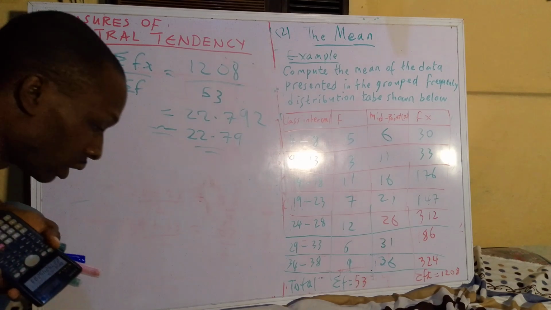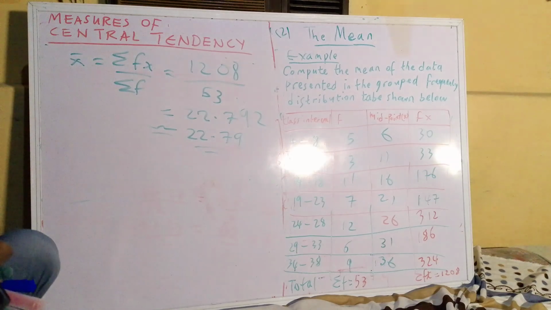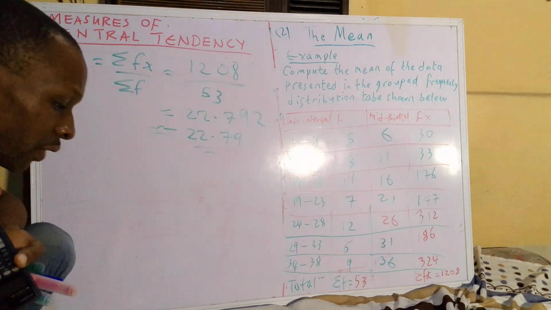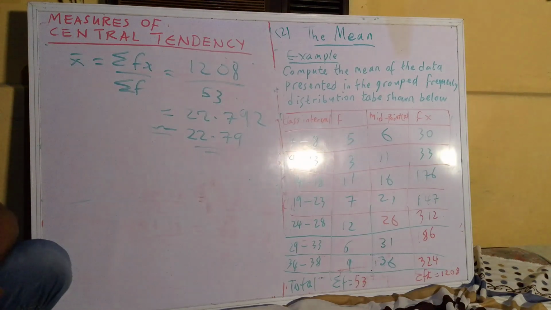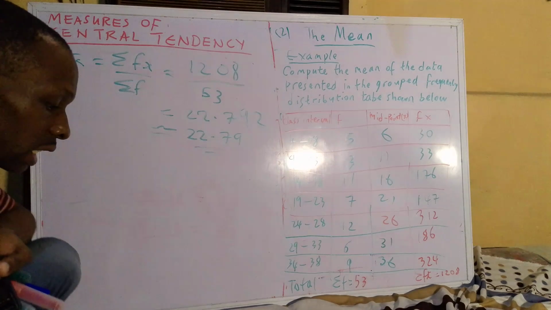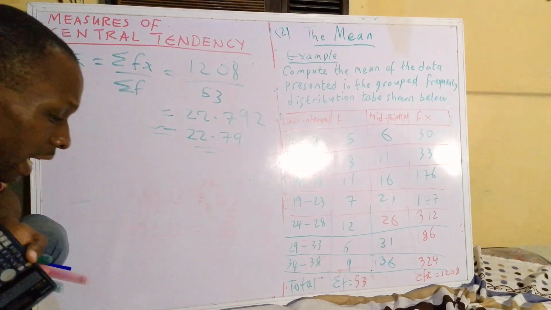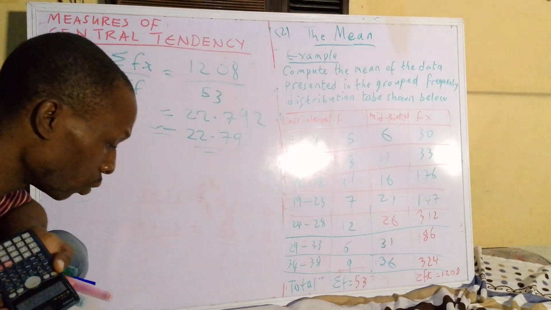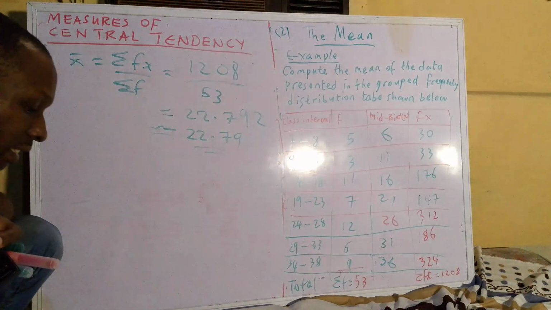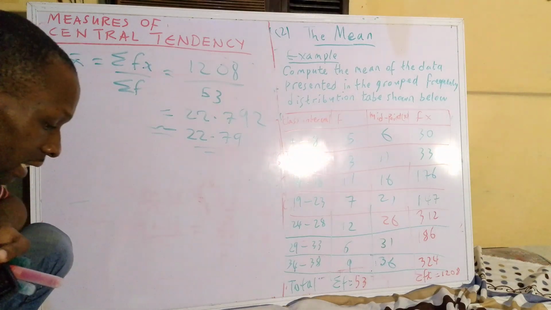So its attributes: it is considerate because it considers every value in the data set. It is the most considerate measure of central tendency because it considers every value in the data set.